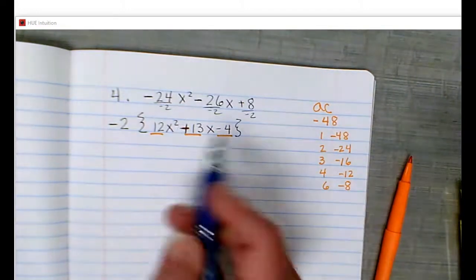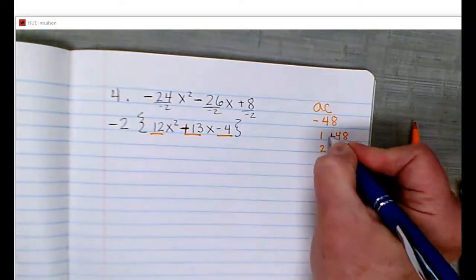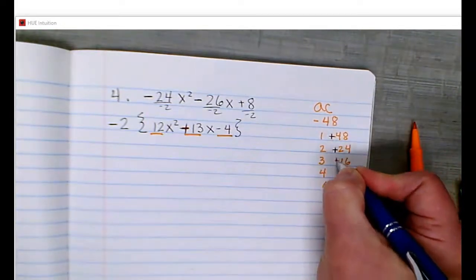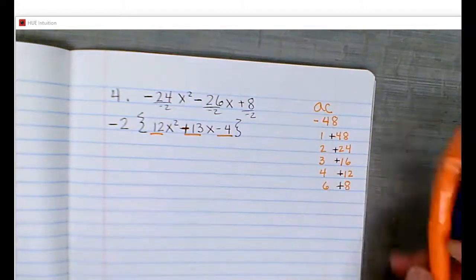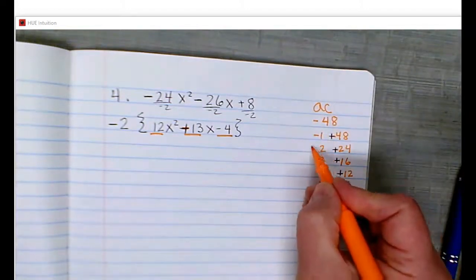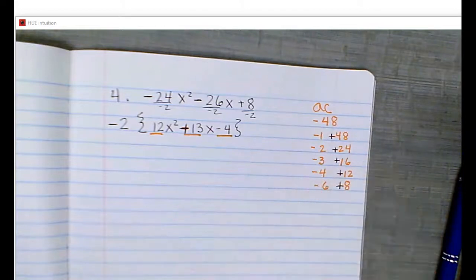And so if this is positive, the bigger one needs to be positive. If this is negative, they must be different. So could any of these pairs add up to get you a 13?